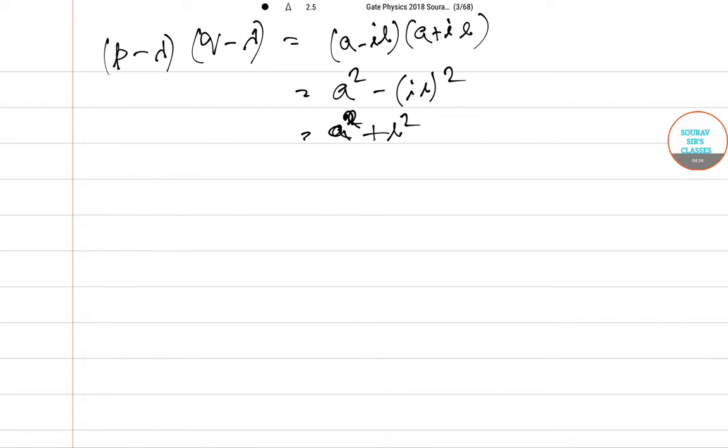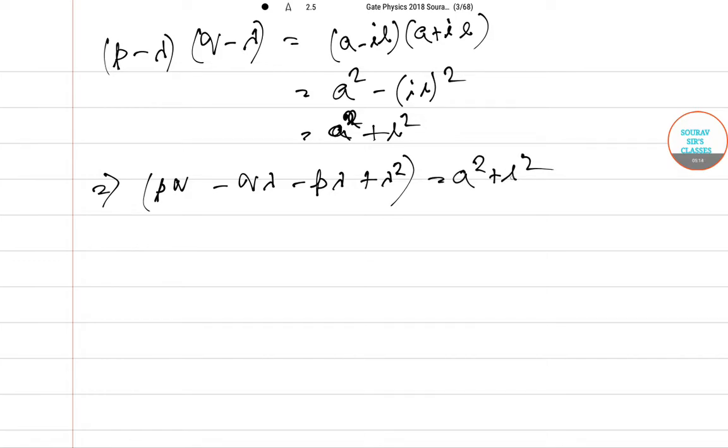So, here P minus lambda into Q minus lambda is PQ minus Q lambda minus P lambda plus lambda square equals A square plus B square. Now lambda square minus P lambda minus Q lambda equals A square plus B square minus PQ.